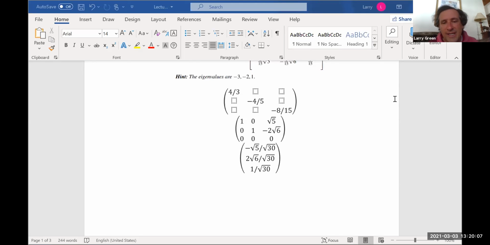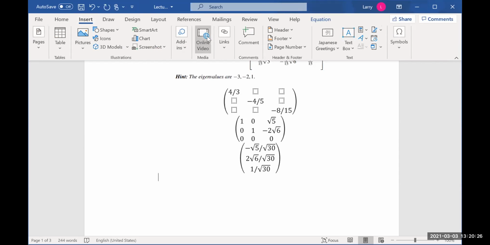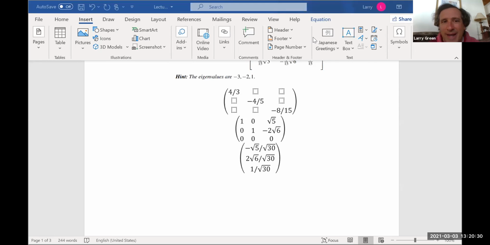So the idea is we do exactly the same thing, work out the second column, work out the third column, and then combine them to make a matrix of 3 columns. And then what is D, by the way? That one I can do without too much typing. So let's work that one out. Because remember, to diagonalize a matrix, you need to find P and D. And P inverse.